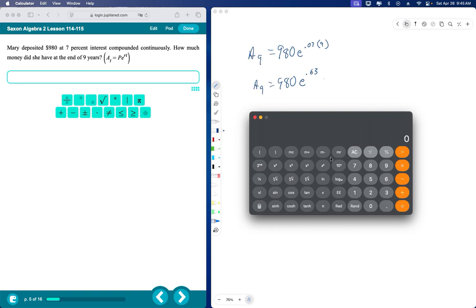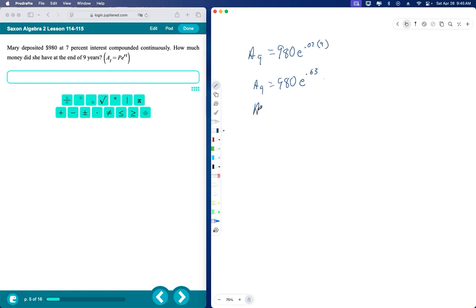So I need e to the 0.63. That equals that times 980, so that's going to be $1,840.06. So the amount in 9 years is $1,840.06. Is that what I said?